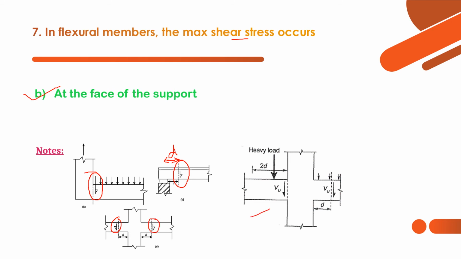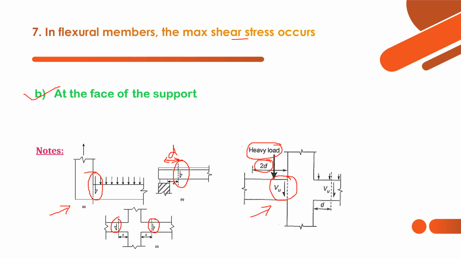And you can see one thing: if a heavy point load is acting within the distance of 2d, then shear force will act at the face of the support. So these are some criteria for the critical section for shear. By using this diagram, we can identify the critical section.